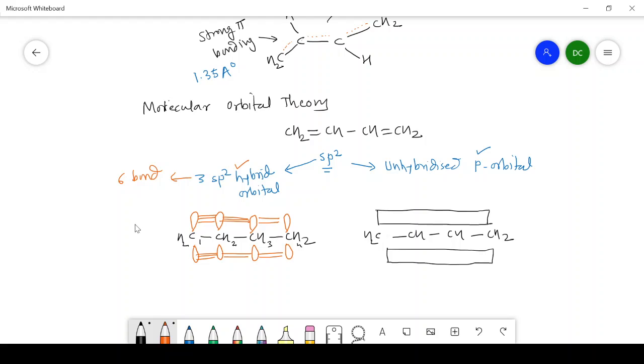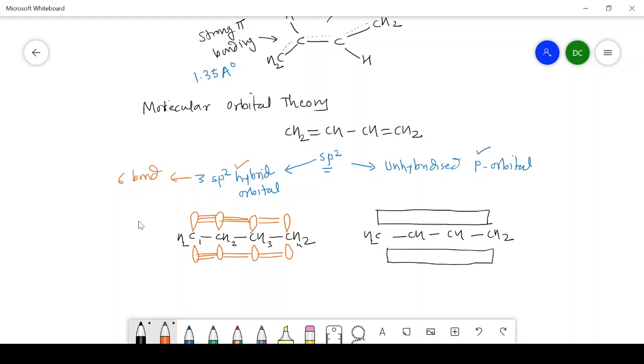So keep in mind, there is electron delocalization, and that's why energy is decreased, heat of hydrogenation is decreased, and 1,3-butadiene obtains maximum stability. In this way, we can explain heat of hydrogenation, stability of 1,3-butadiene, and changes in the bond length with the support of molecular orbital theory and resonance theory.